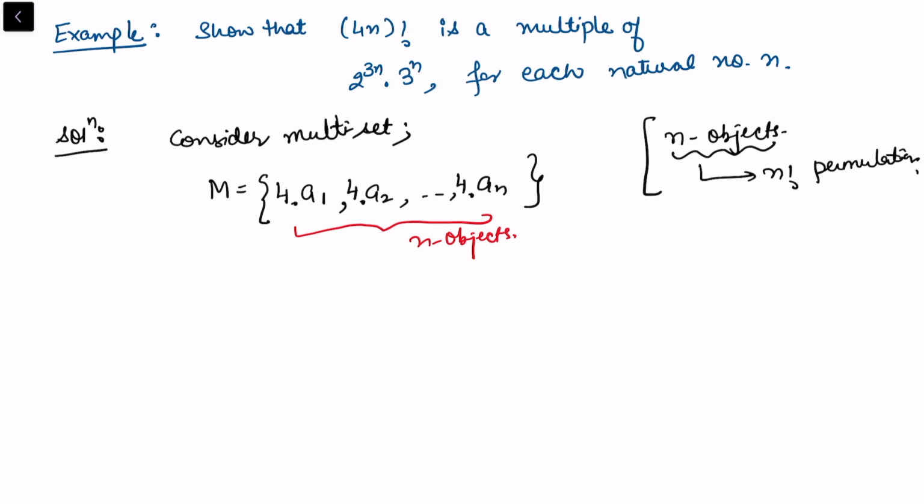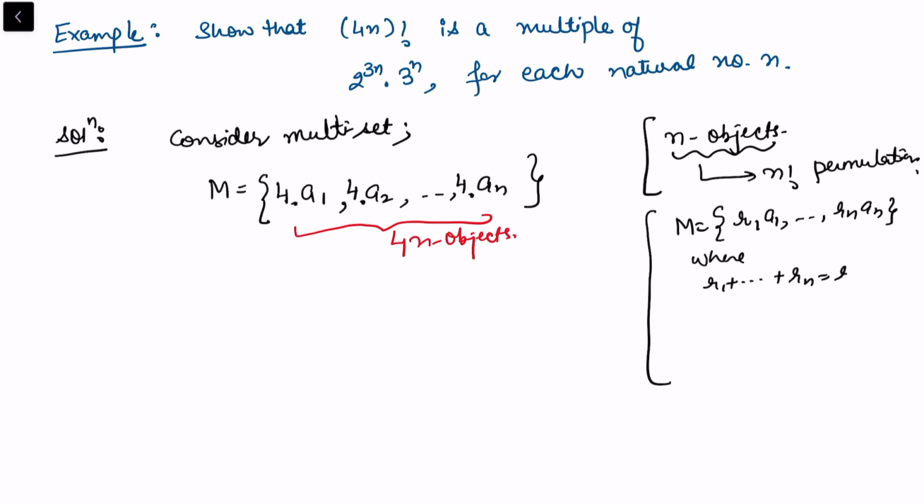In this case, I will read that these are 4n objects, because in the multiset notation, what I described in my last video, if we consider a multiset R1, A1 up till Rn, An, where R1 plus and so on plus Rn is equal to R, so we talk about R permutation. This will speak about how many objects are there with repetition, so that means an object is repeating.